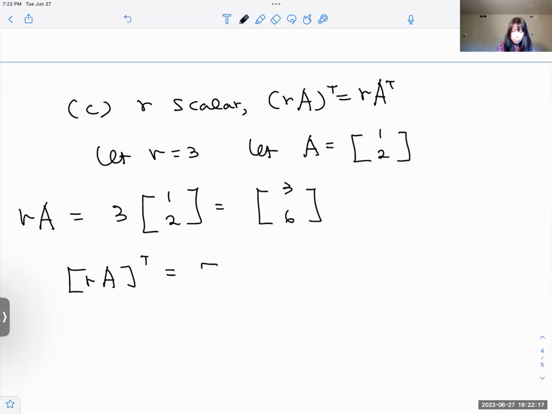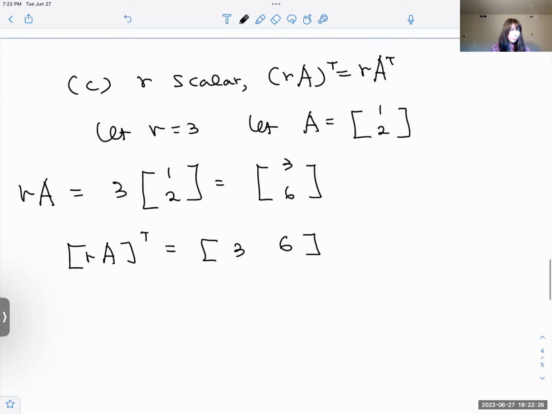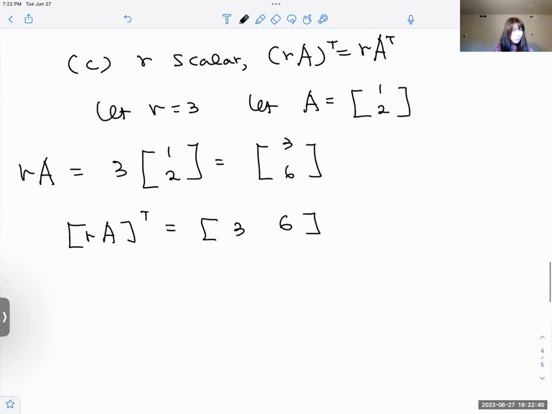Column, make a row. So this one, we can factor out the 3, then we have 1, 2 there, so that is 3, 6. 3 times 1, 2 is the same as 3, 6.